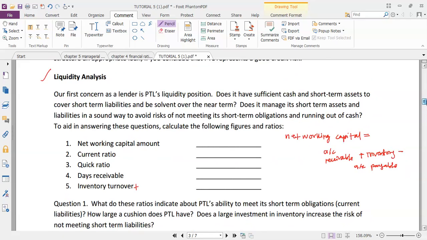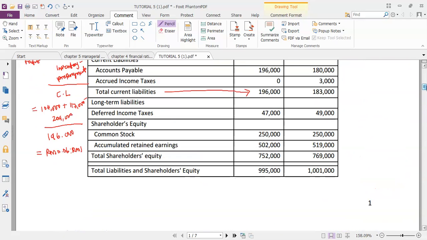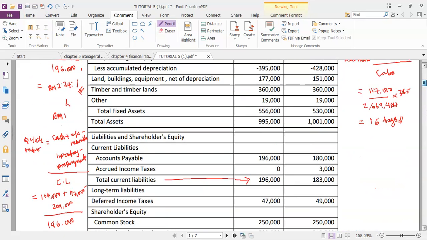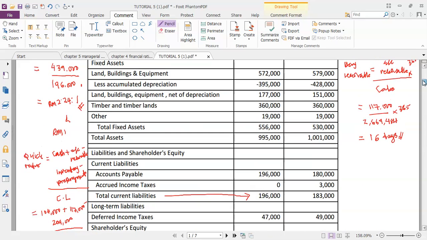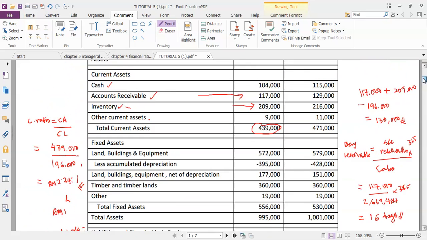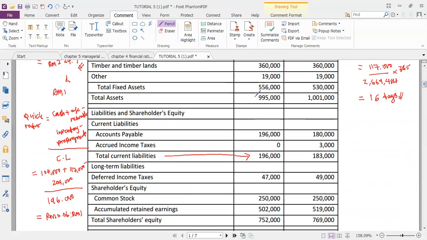Okay, here. Dia ada bagi 2 tahun, right? So, we have total asset here. Total asset for 2011 and also 2012. Okay, so we have 2 years there.